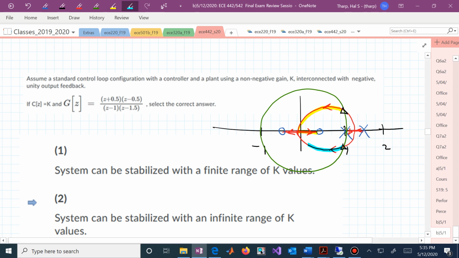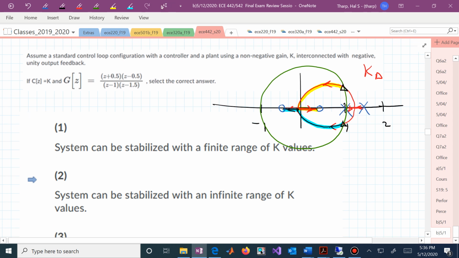and all of this stay in the unit circle as we crank up the gain from some lower limit, K delta, up to, and we can crank up the gain all the way to infinity.